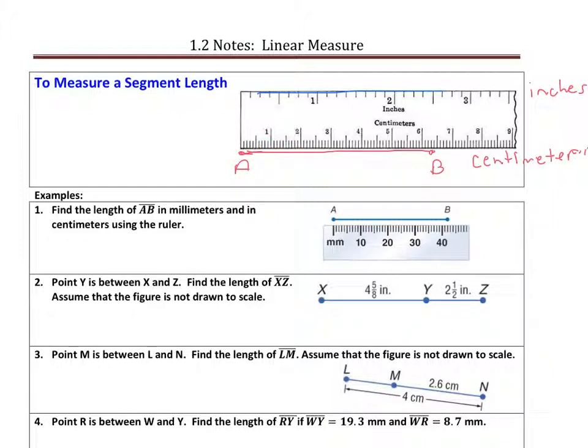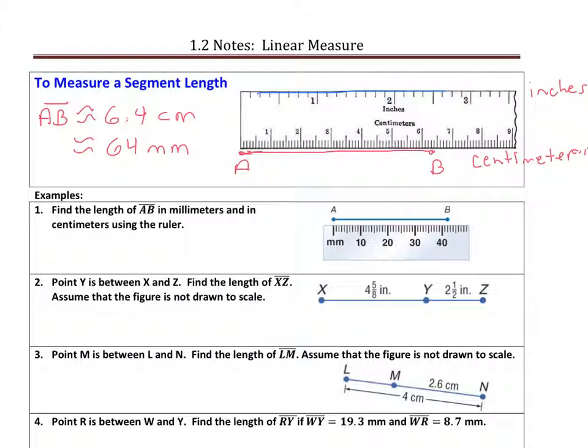So if we looked at this, I could say that AB is approximately, because there's always going to be error in our measurement, I would say by my eyes maybe 6.4 centimeters. And of course, base 10 system, that would give us 64 millimeters. You should always use units of measure that are appropriate for the size, and that has to do with accuracy of measurement.